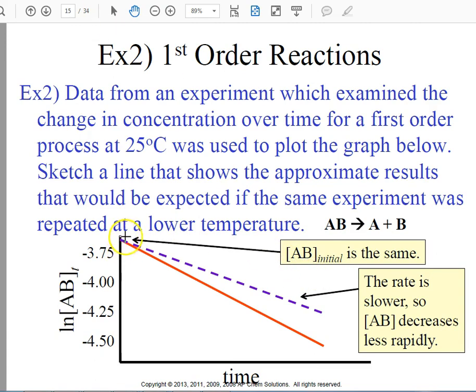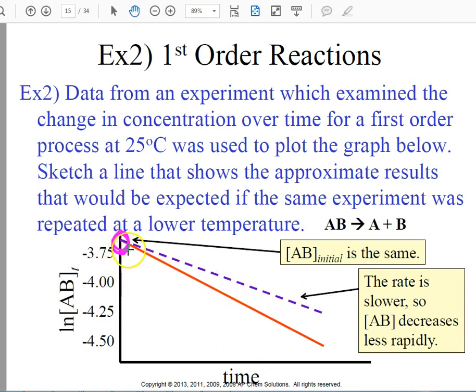So you start out with the same amount. If you're at a lower temperature, it doesn't change your starting amount, but you're going slower. So instead of going down so quickly, your slope is going to be lower in absolute value. Okay? So we're not going to go down as quickly if our temperature is lower.